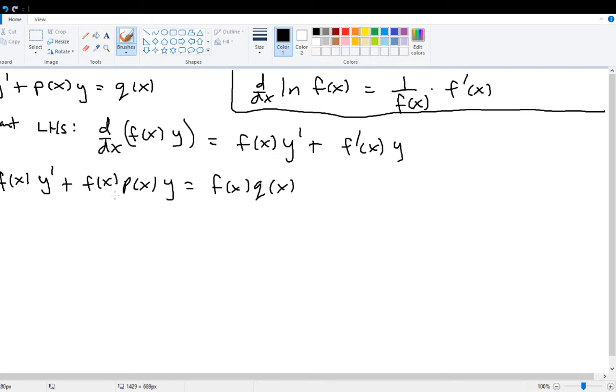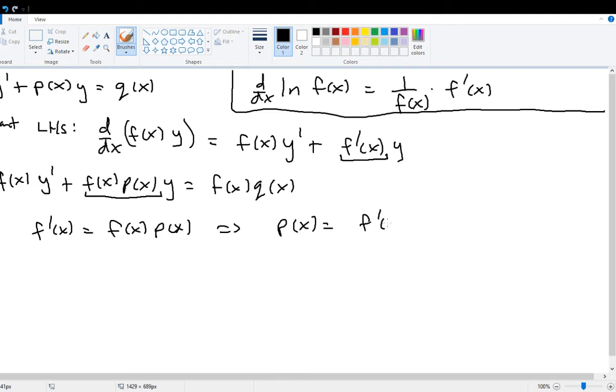But if we look at the second term, what we see on our differential equation is an f of x times p of x. And if we look at the way we want it to look, we want it to just be f prime of x. What this tells us is that f prime of x should be equal to f of x times p of x, which means we can rearrange this to look like p of x has got to be equal to f prime of x divided by f of x, which we know from the little fact that we started with.